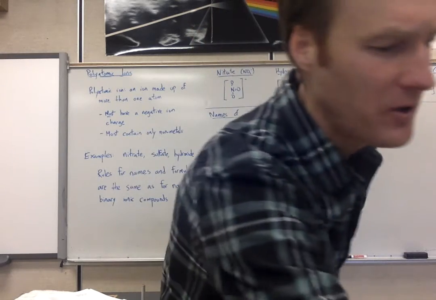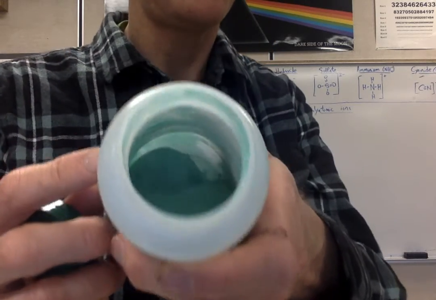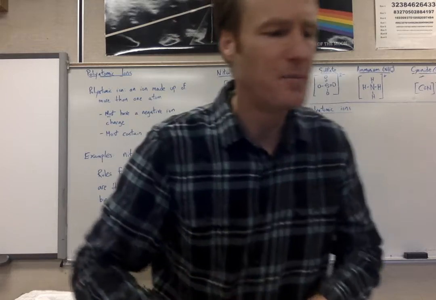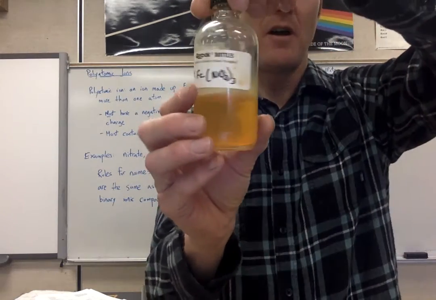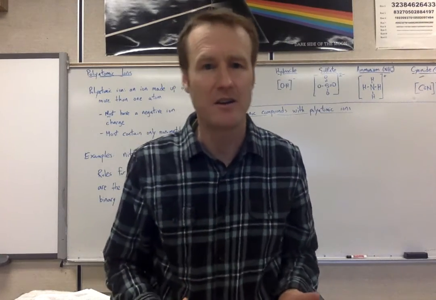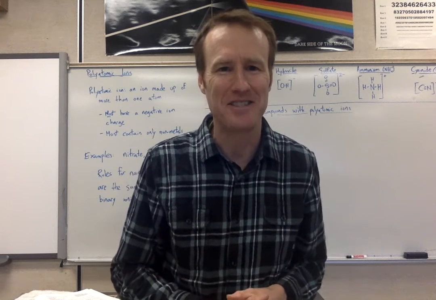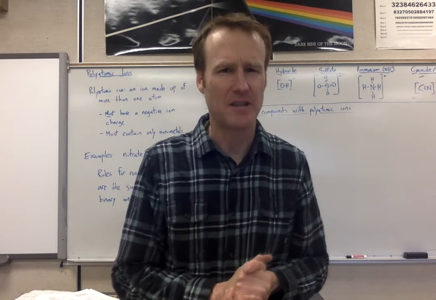So in fact, if we look at, say, copper carbonate, again, it's blue. All these copper salts end up being blue. Salts of the iron ion are a rusty kind of color. Again, there are some exceptions to that.